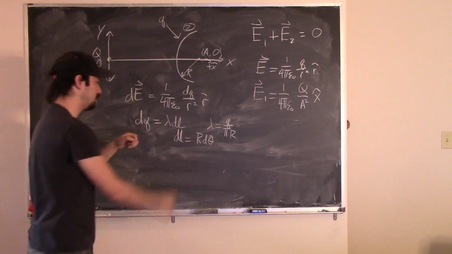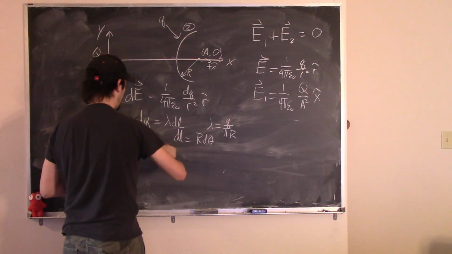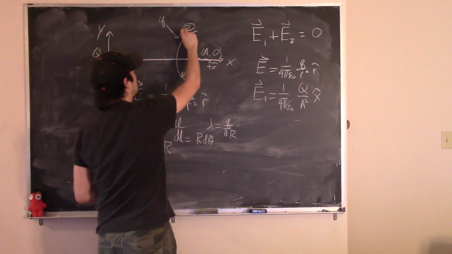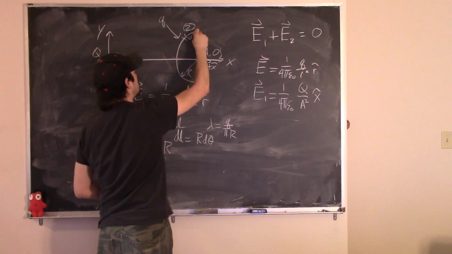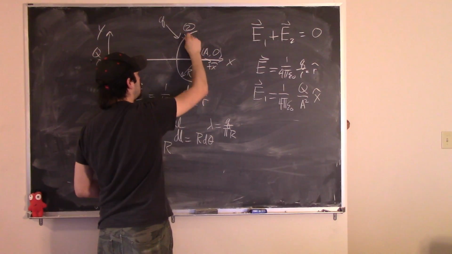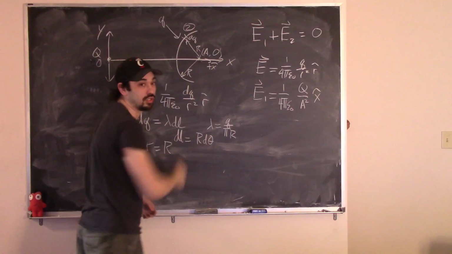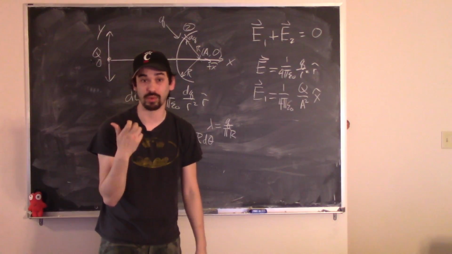Now r, lowercase r, is going to just be capital R because the distance from any one of these dq's is just going to be the radius. So this is just going to be some capital R.